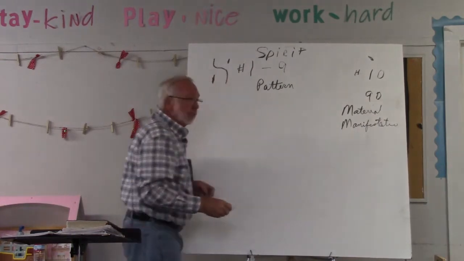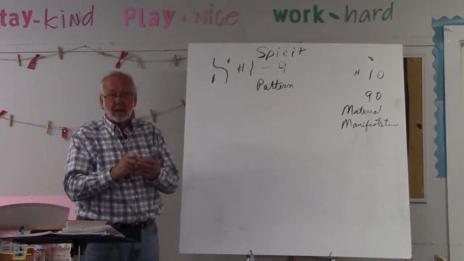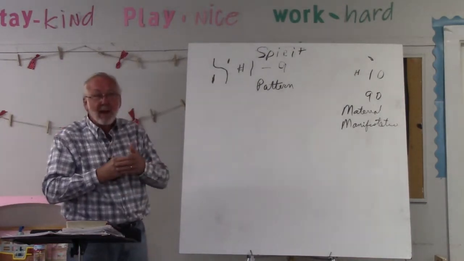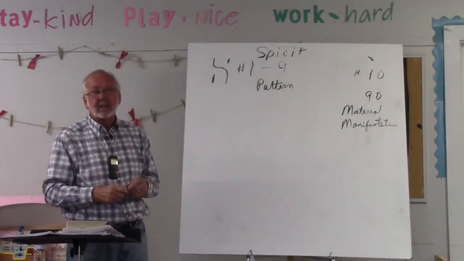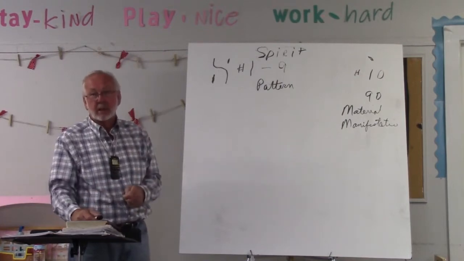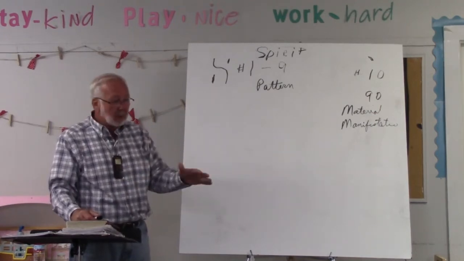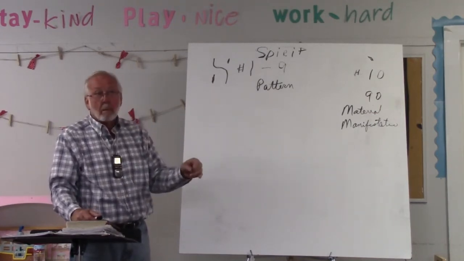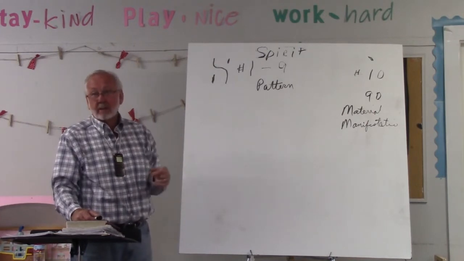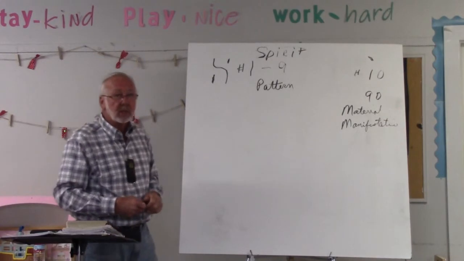Could you also say duality? And duality, exactly, because everything that's manifest, everything that exists is based on a duality. It has a positive and negative. Everything. Even the smallest worm, bug, plant, it has that duality. So 10 through 90 represents duality.